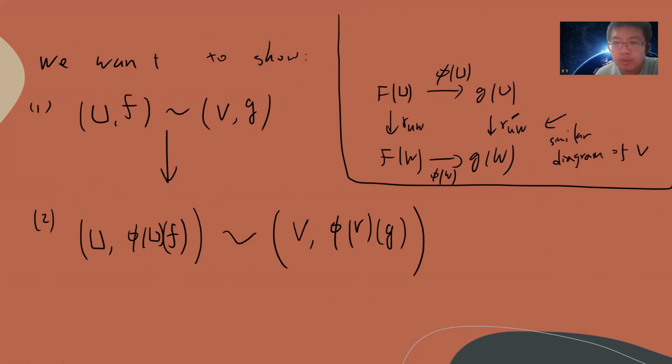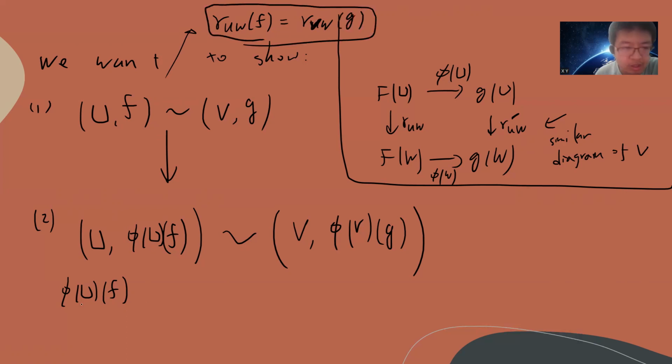Now let's compute the left-hand side. We have phi_U(s), and this tells you that r_UW(s) is the same as r_VW(s').